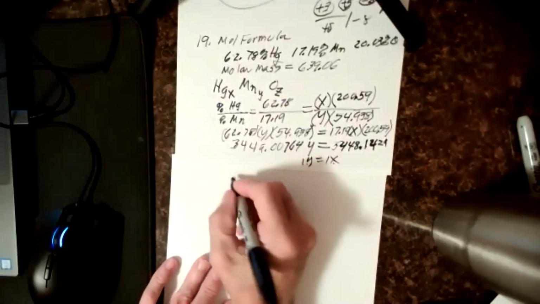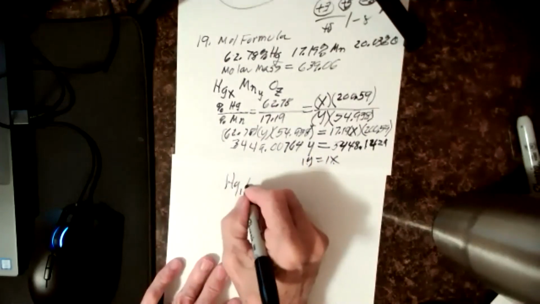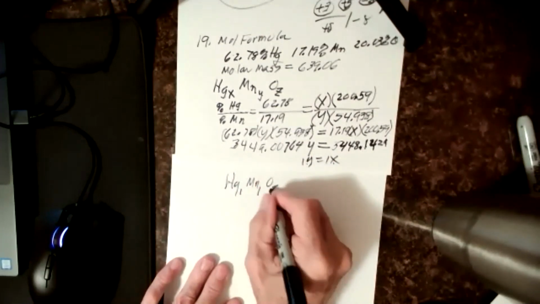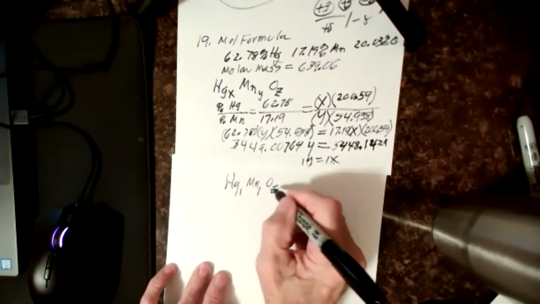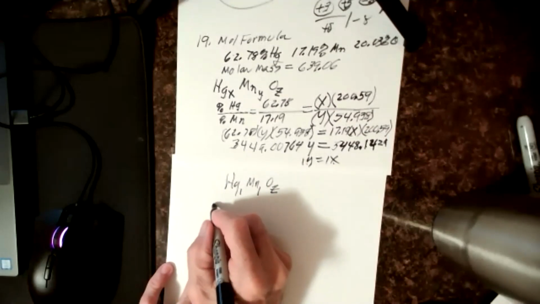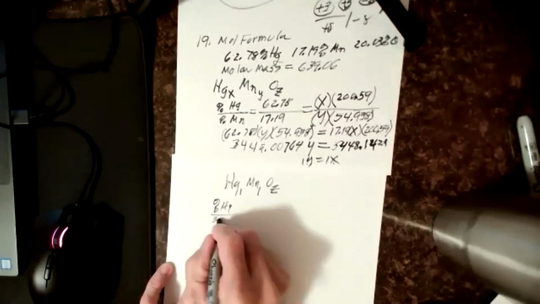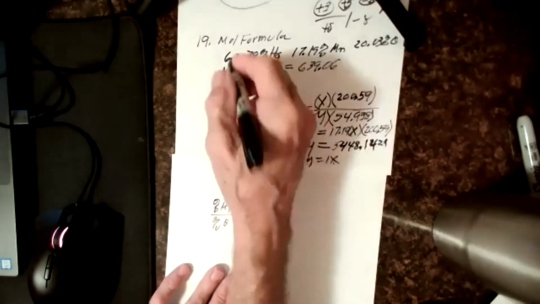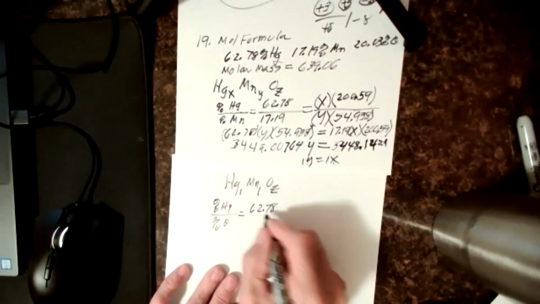So my formula is Hg1Mn1OZ. Now let's ratio mercury to oxygen, the only one we don't know. We've got percent of mercury over percent of oxygen. Percent of mercury was 62.78.